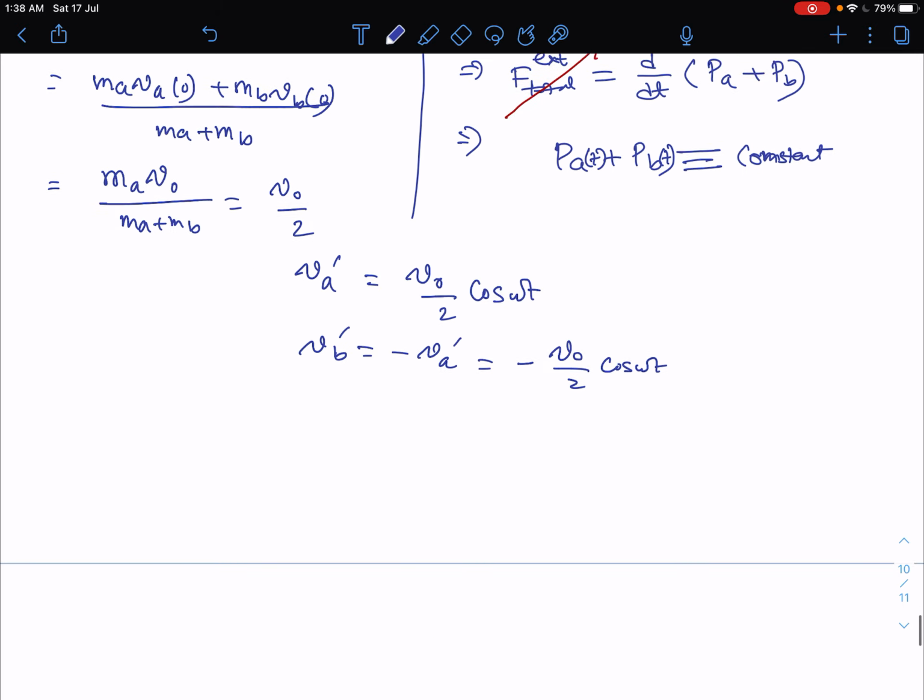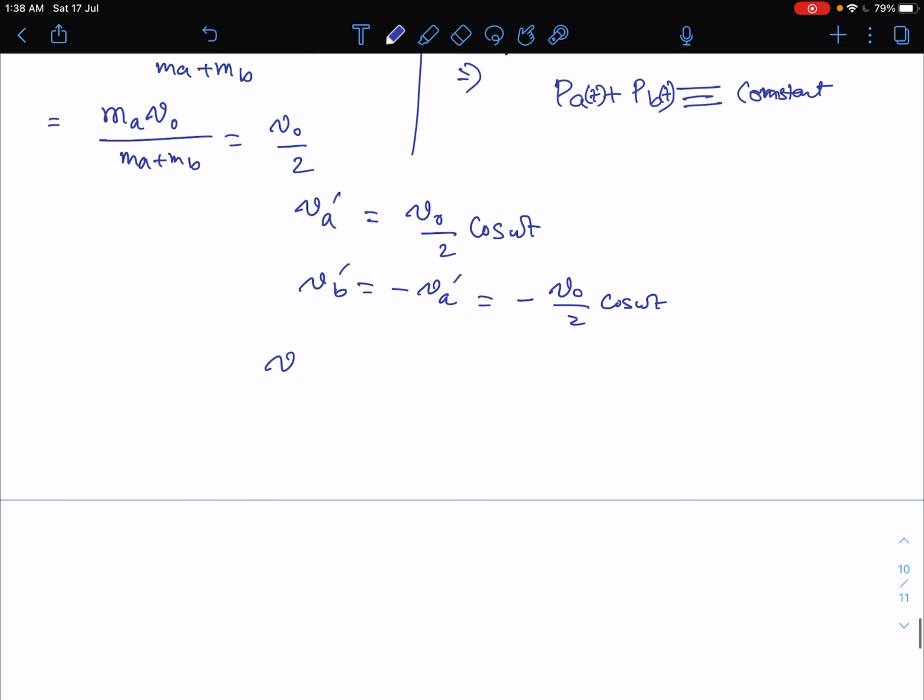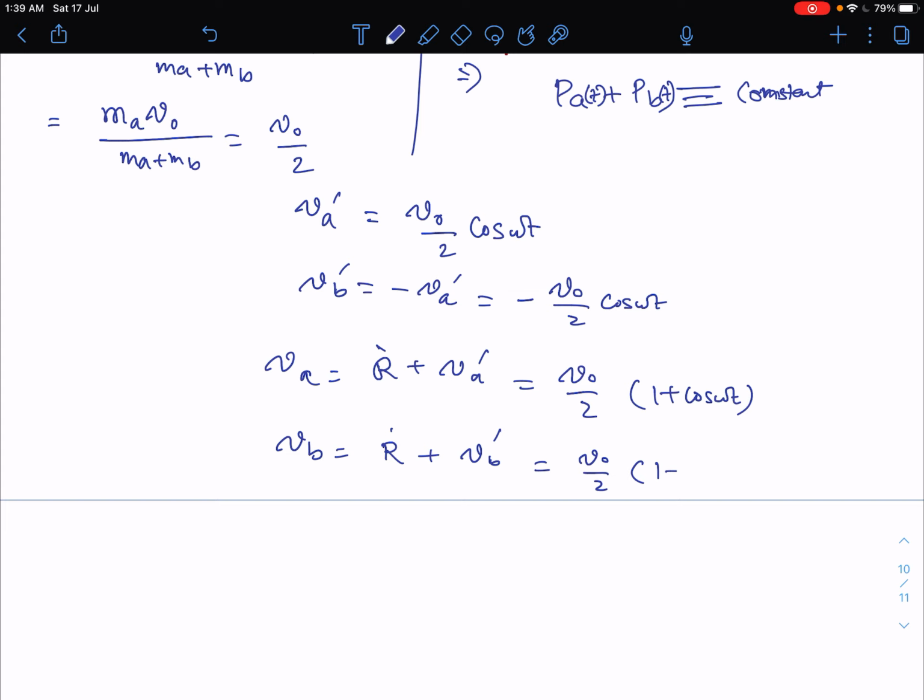Fine. Now VA is just R dot plus VA prime, that is V naught by 2 times 1 plus cos omega t, and VB is R dot plus VB prime, that is V naught by 2 times 1 minus cos omega t. So these are our answers.